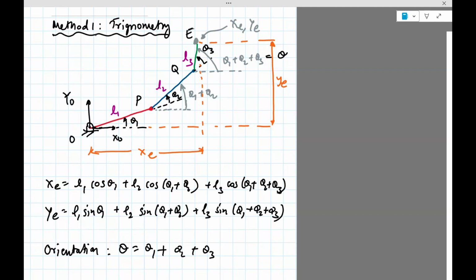We'll just go with homogeneous transformation. Okay, so here is method 2.